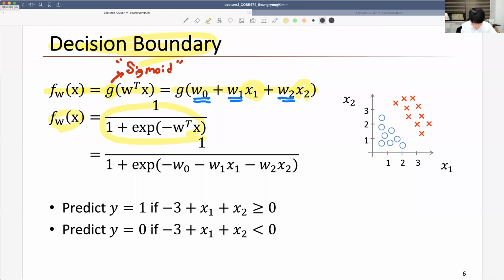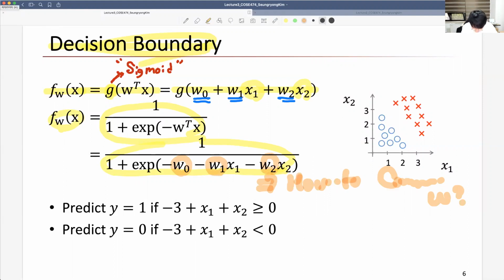And then this is the final mapping function, right? And the goal of the classification learning is to find this mapping, these learnable parameters. How to compute the parameter w, right?